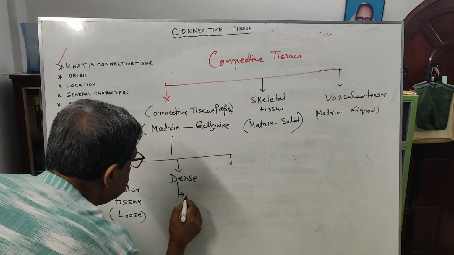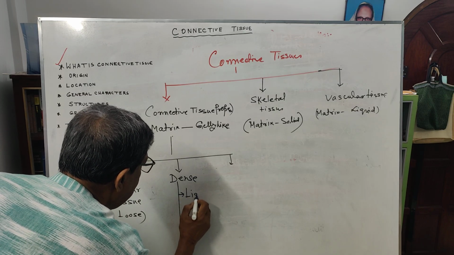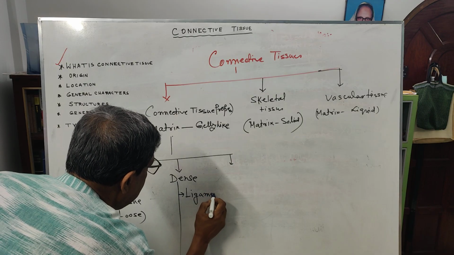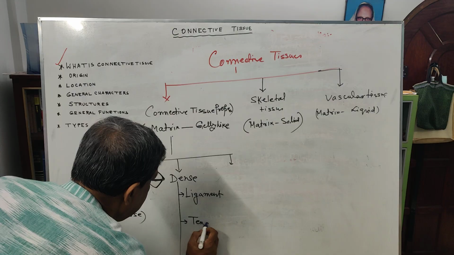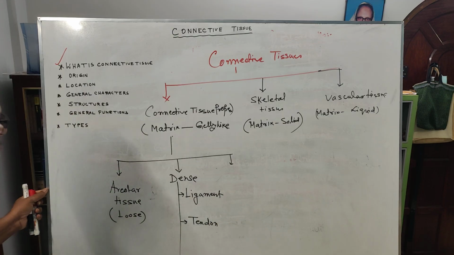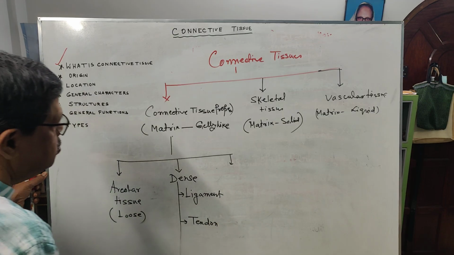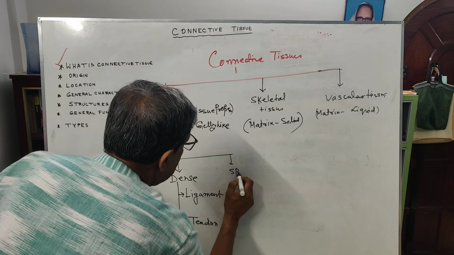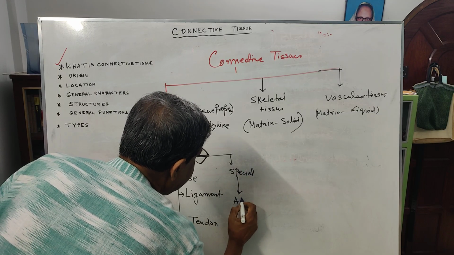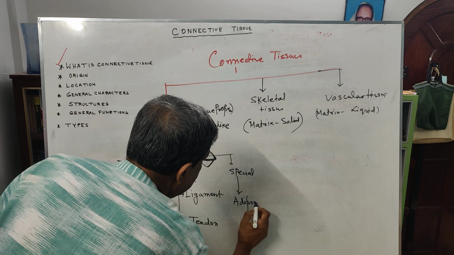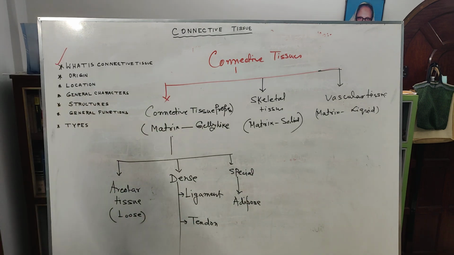These are divided into ligament and tendon. Next, special, it is called adipose tissue.